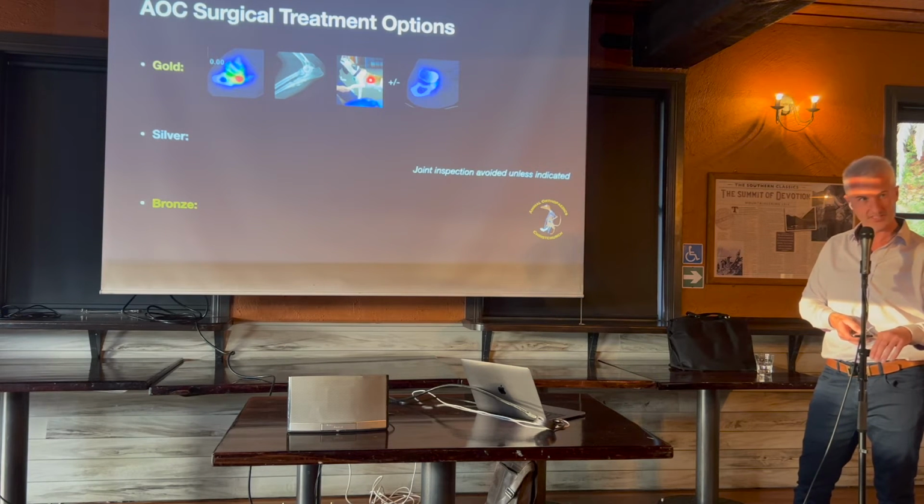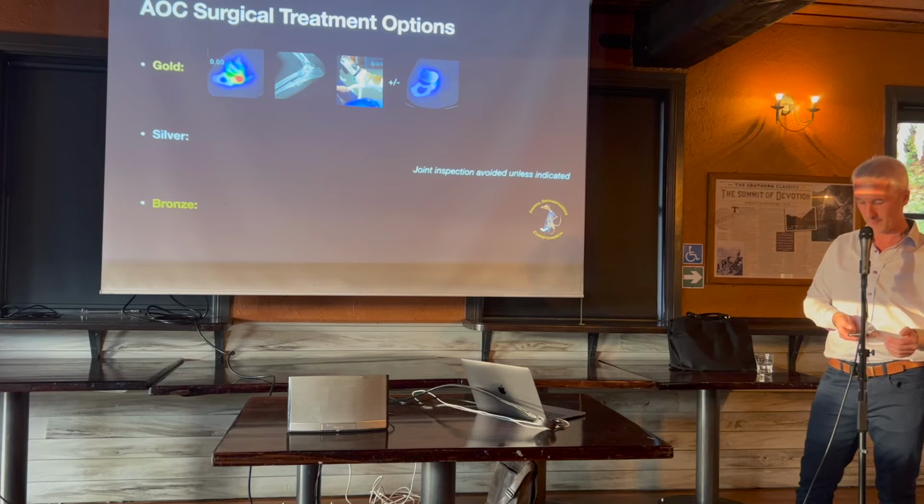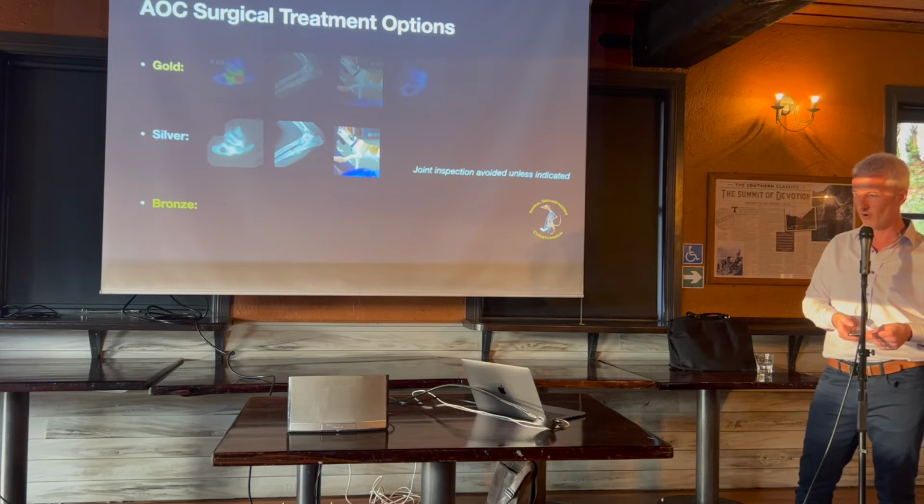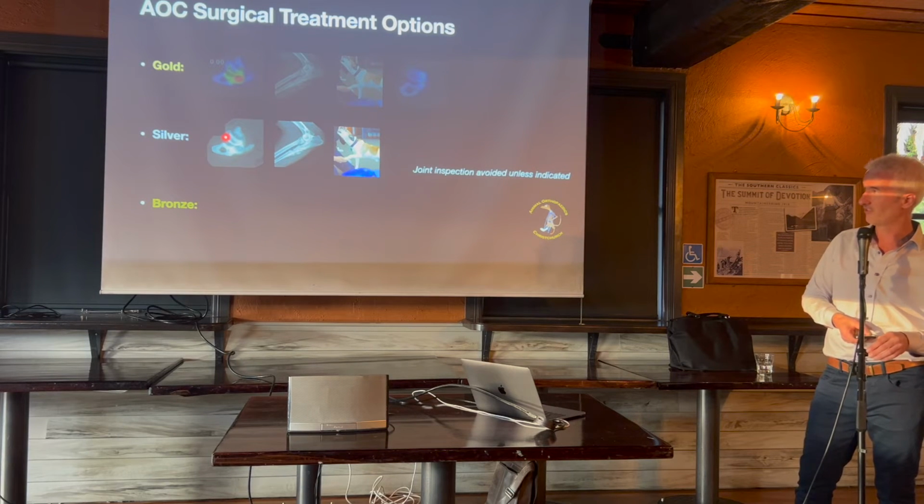It's pretty pricey, isn't it? Some people can't afford that, but some can, and so we certainly offer that as the gold line. The second option is doing a CT scan, which is $1,000 cheaper, so instead of $9,000, it's $8,000.